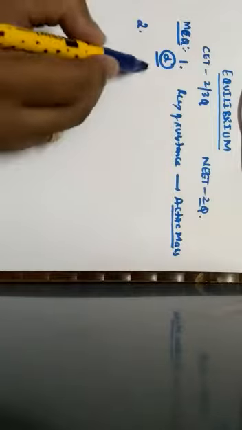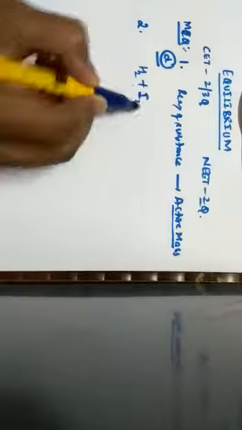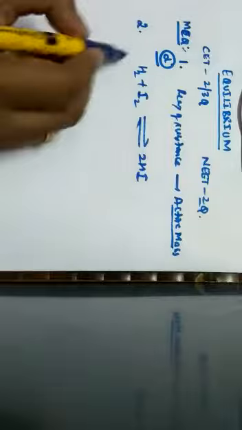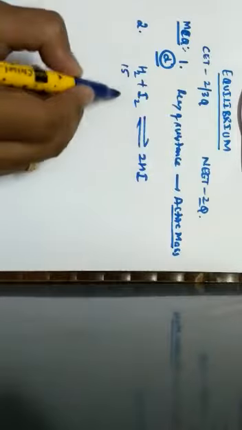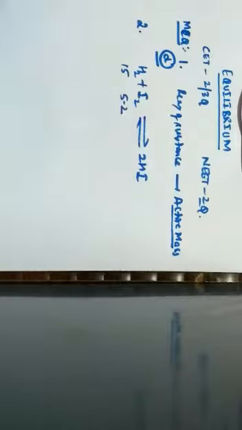So here they have given that hydrogen and iodine are involved in a chemical reaction which gives rise to hydrogen iodide. And they have given that 15 moles of hydrogen and 5.2 moles of iodine are mixed and allowed to attain equilibrium at 500 degrees Celsius.